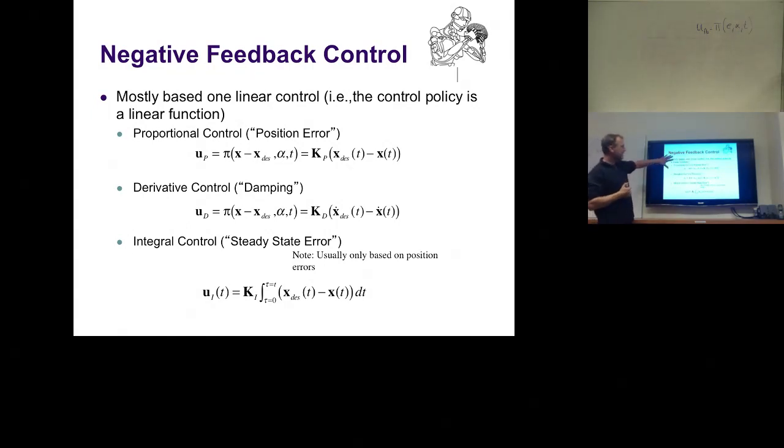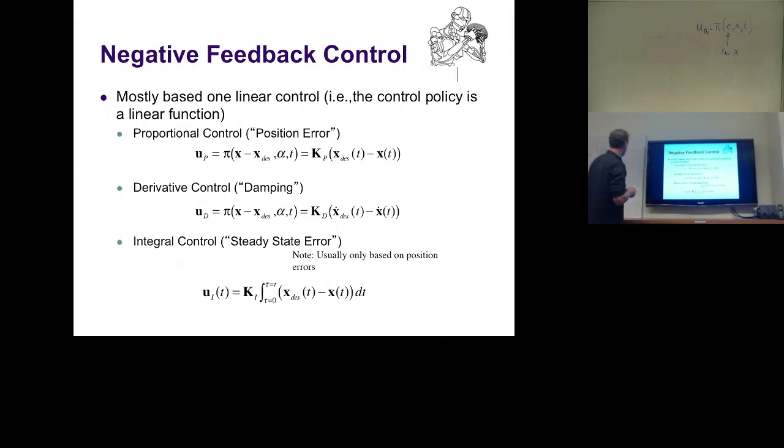Now there are several specific forms of this feedback control. The first one is called proportional control, which basically looks into position errors. So here, we just look into the error to be x desired position minus x. And the way we instantiate this controller is as a linear controller.